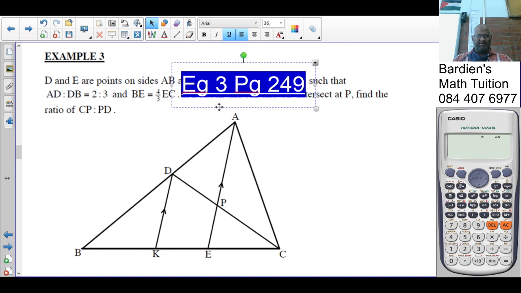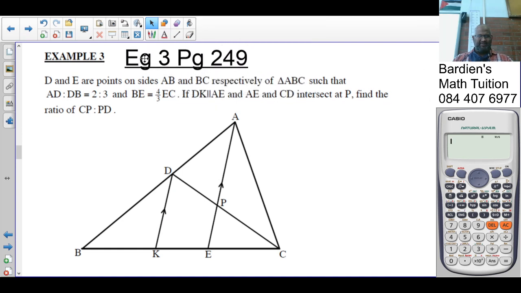Draw the diagram quickly. We're going to do this one together.